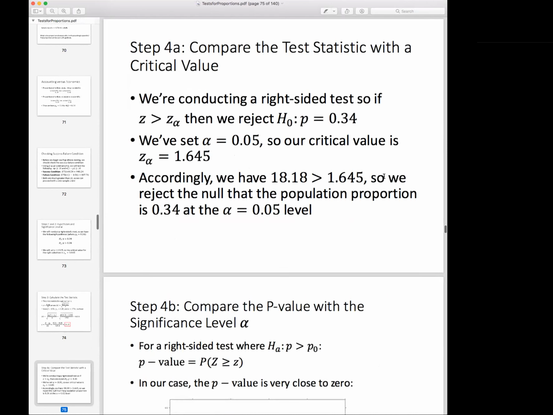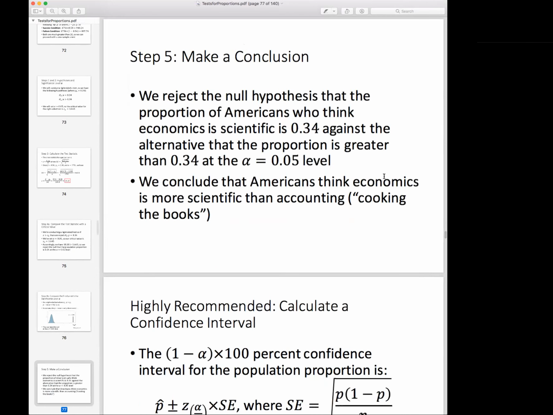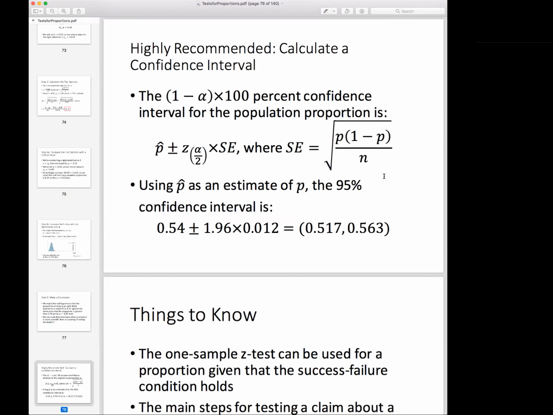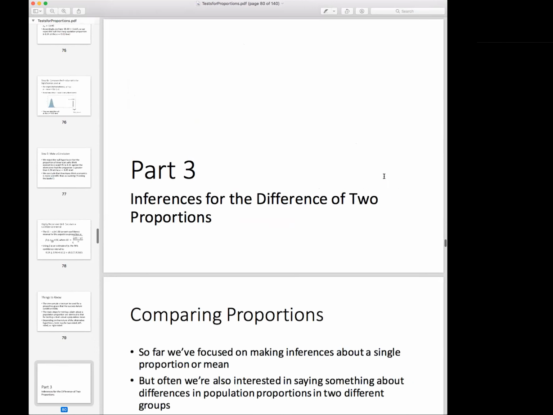So again, we're going to reject our null hypothesis and conclude that more people think economics is more scientific than accounting. We can calculate a confidence interval for this as well. So that's how we perform a confidence interval and a z-test for proportions.